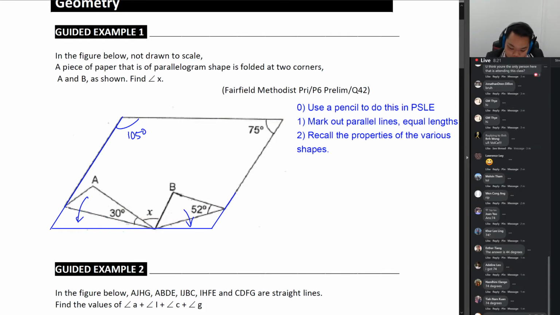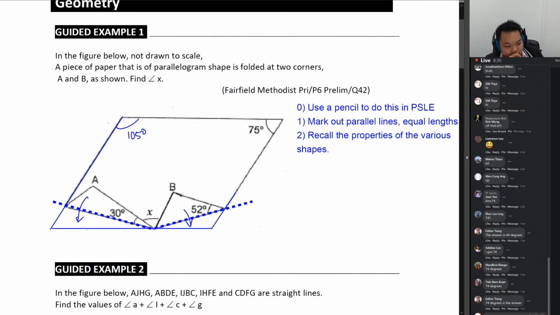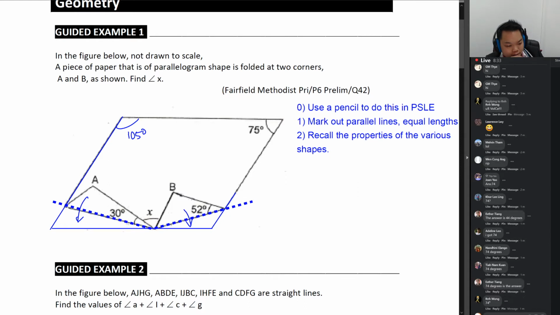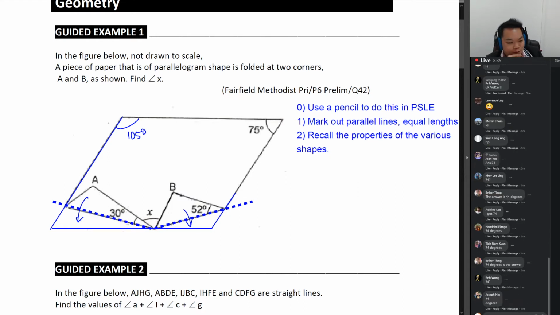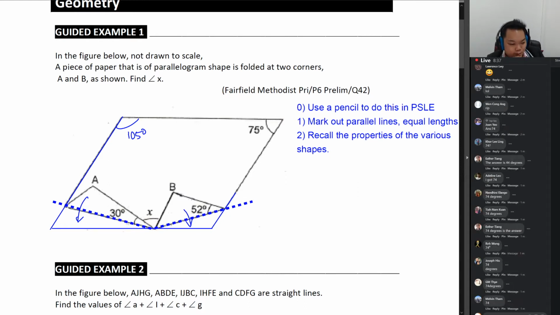You all want to talk about your thought process and how you solved it? Okay, for those of you who think you got the answer, do you want to explain your thought process?